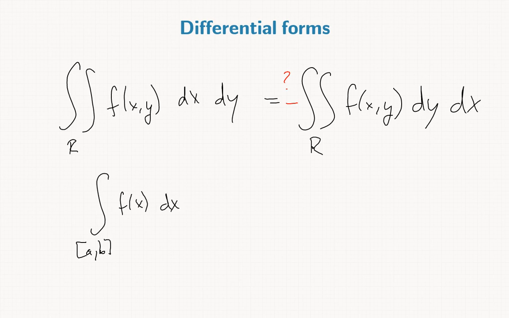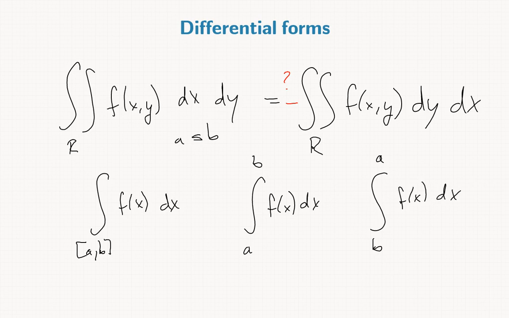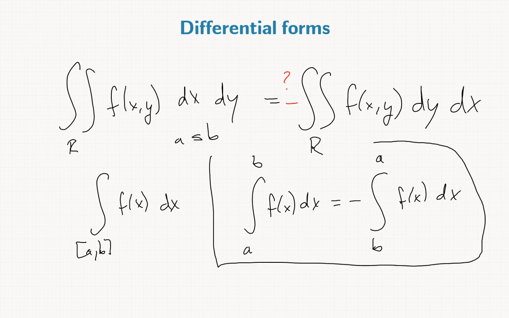Instead, we integrated from a to b of f(x) dx. And if we integrated from b to a, assuming a is less than or equal to b, then in one-dimensional calculus we did define these two to be negatives of each other.